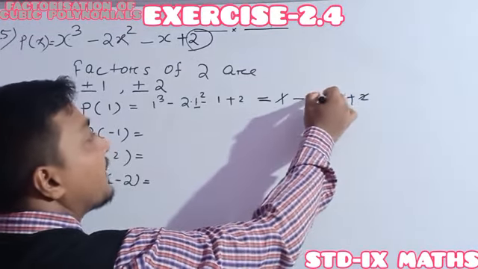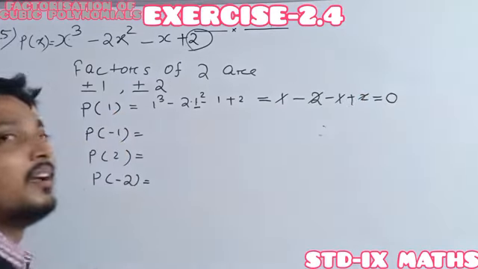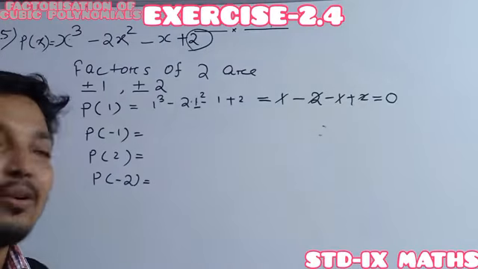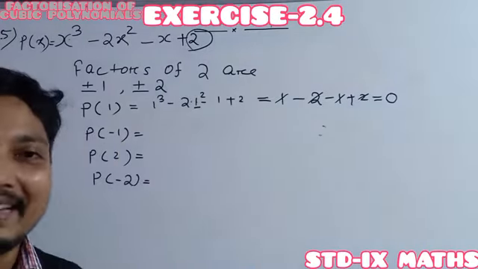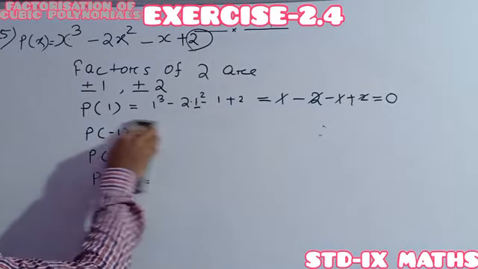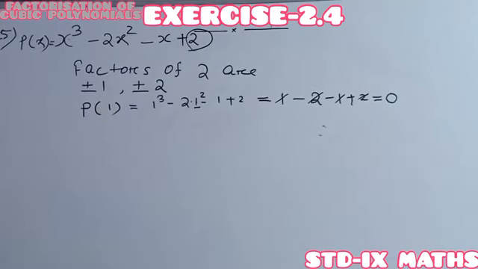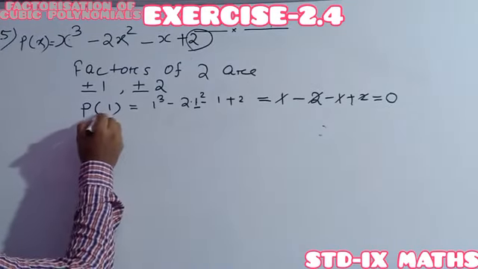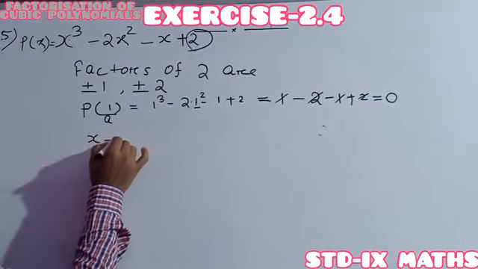Plus 2 and minus 2 cancel. Here the result we are getting is 0. Also you can check for the others, but I said only one is sufficient. Okay, so once we get one 0, P(a) is equal to 0, just like P(a) is 0, x minus a is a factor.